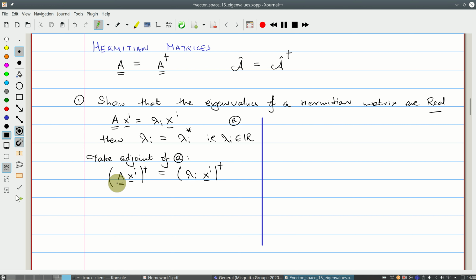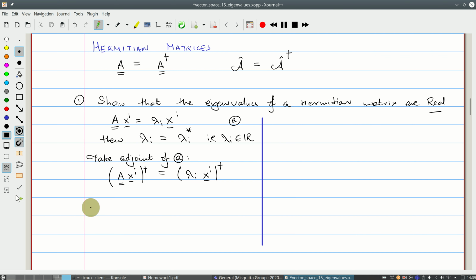Now remember what the adjoint does. If you have the product of two objects, the adjoint will swap them. But of course, if one of them is a scalar, it doesn't really matter which way it goes. And then each of the objects gets adjointed in turn. And the adjoint of a scalar is simply the complex conjugate.